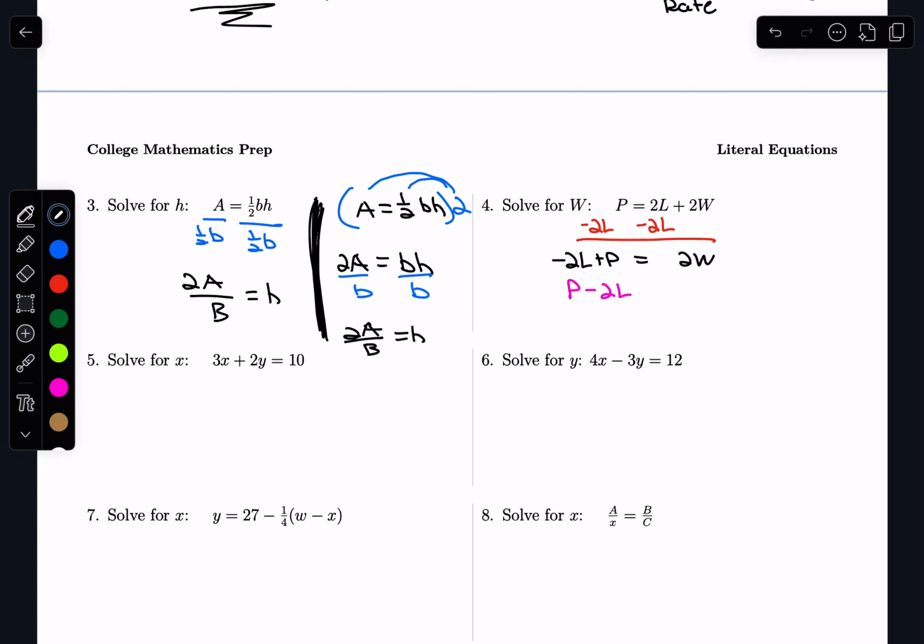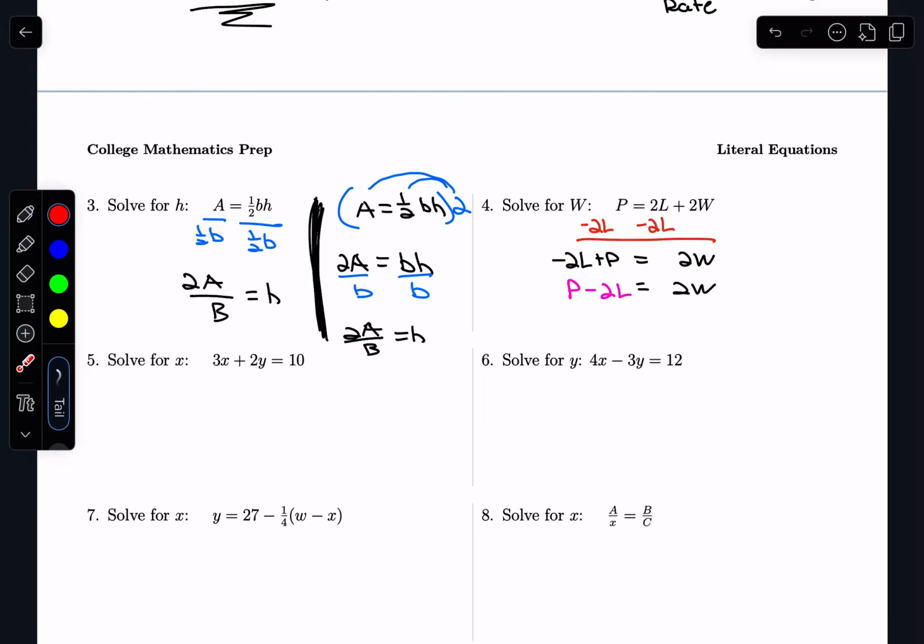The only reason I'm doing that is we prefer in mathematics that we don't have a negative sign at the start of the thing we're writing. So by writing it as p minus 2l, we only had to use one operation here, just this minus sign. But by writing negative 2l plus p, I have a negative sign and an addition symbol. So it's actually more writing if I write it as negative 2l plus p.